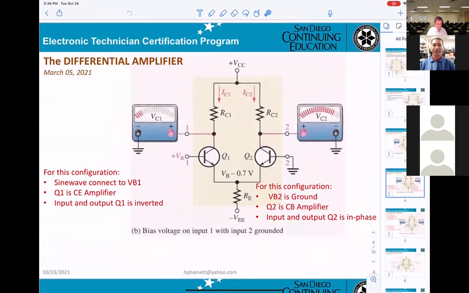Okay, now you can see for this configuration, the sine wave connects to VB1, the input of Q1. Now, they connect the sine wave to this input here. However, the other input is grounded.